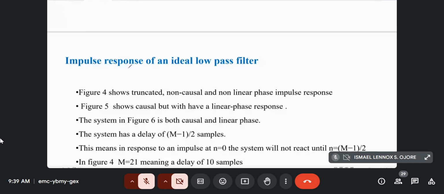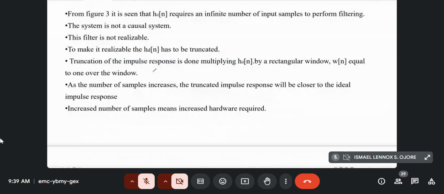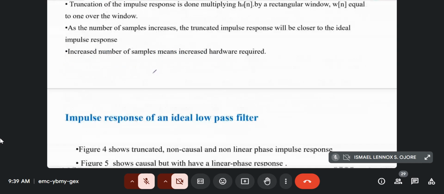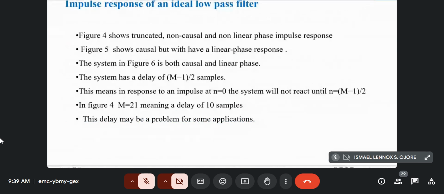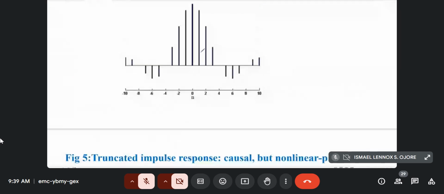So, the impulse response of an ideal filter, we are still continuing the same thing. Figure 4 shows a truncated, non-causal, non-linear phase impulse response. I think what we have done here is truncate to 21 samples, negative 10 to 10. So these are 21 samples because of this zeroth sample.